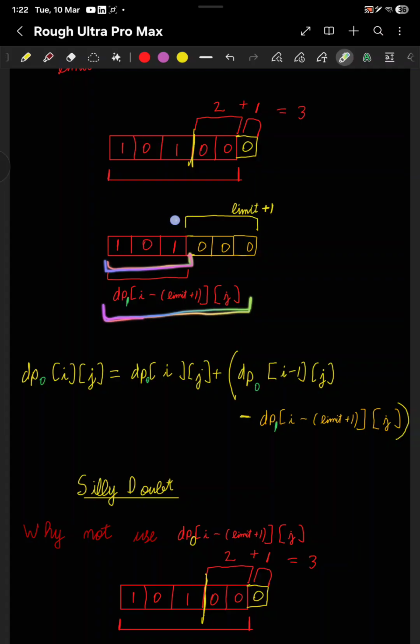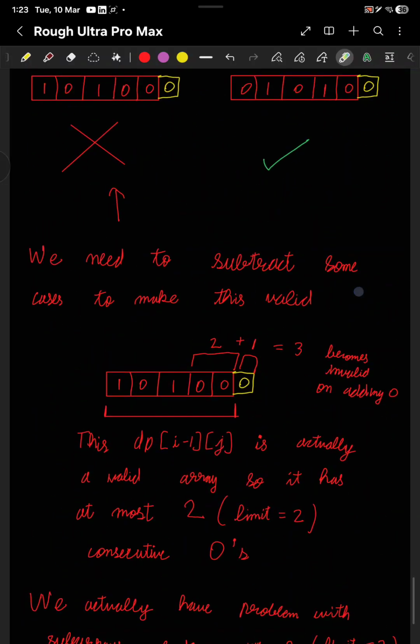So if we subtract this from the final answer, then this would actually give us all the ways that were invalid and previously added in this test case.